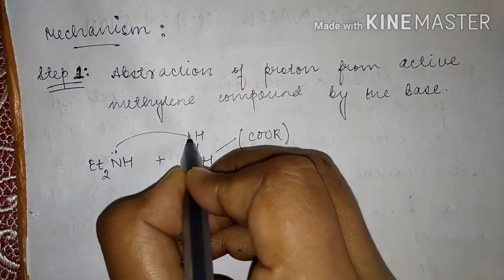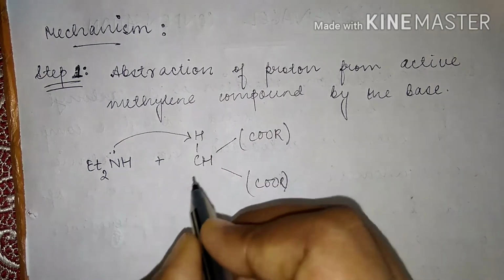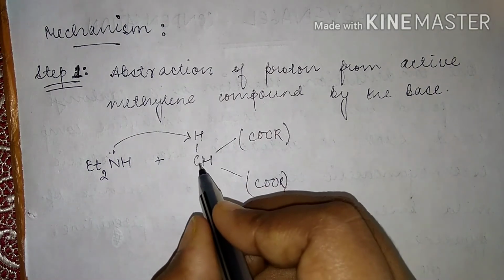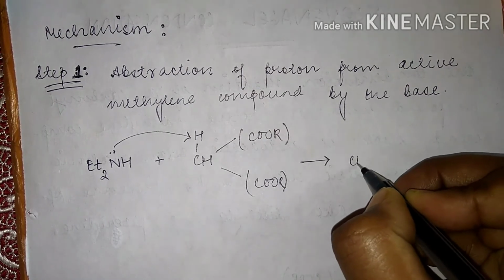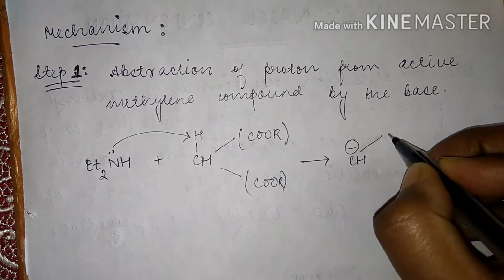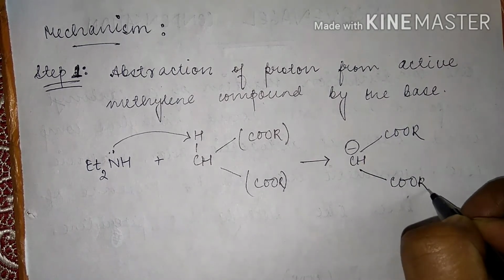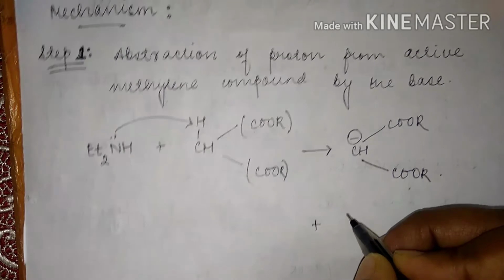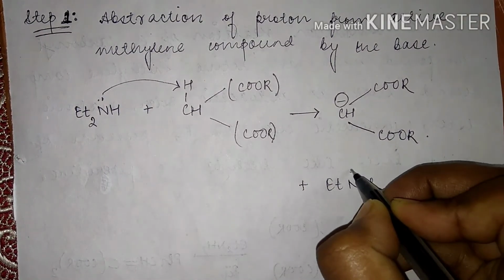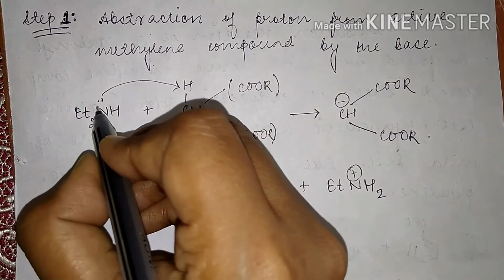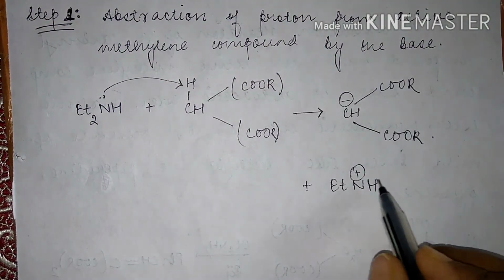Here I am using the malonic ester. It abstracts a proton from the active methylene group to form the carbanion plus the protonated base.